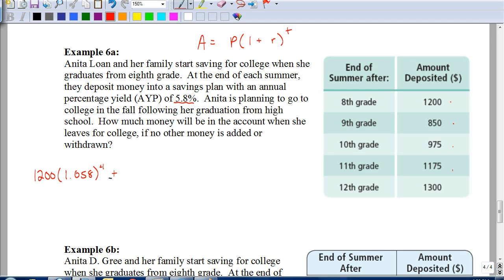Then after the summer of her 9th grade year, they deposit $850 in that account. Same interest rate. So then it's going to sit in there for 3 years. And after the summer of her 10th grade year, they're going to deposit $975.